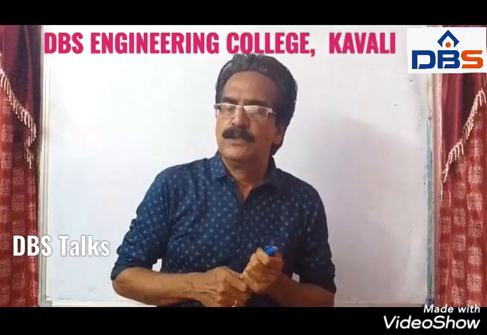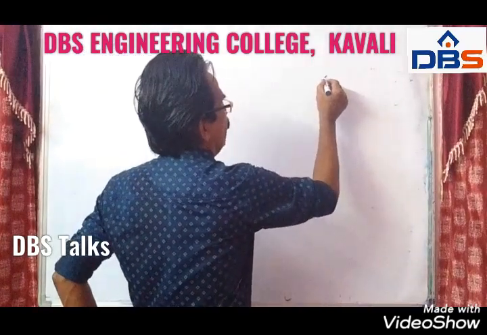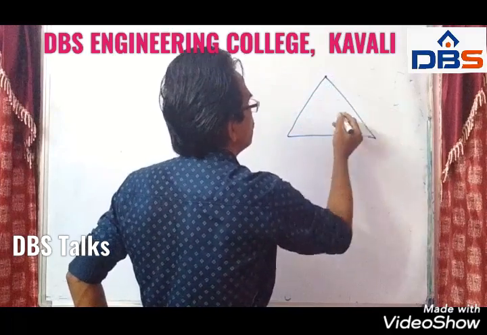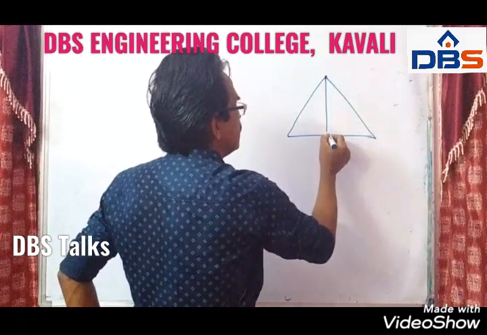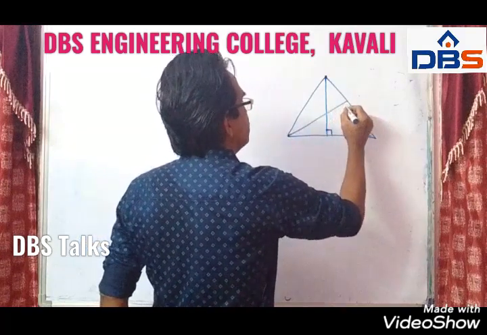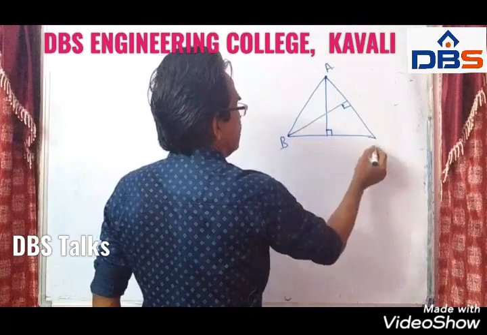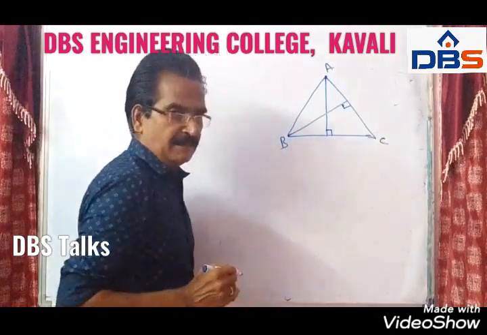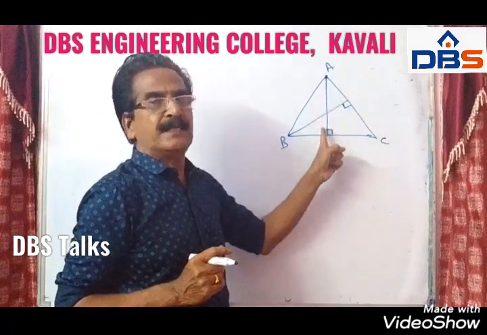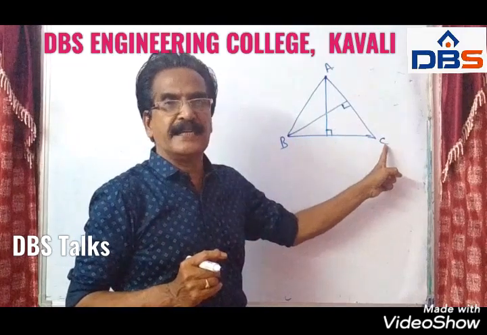Orthocenter, as you know, is the point of intersection of altitudes. So this is the altitude. Altitude means perpendiculars drawn from the vertices to the opposite sides.